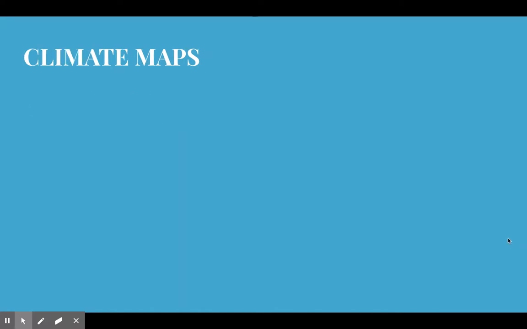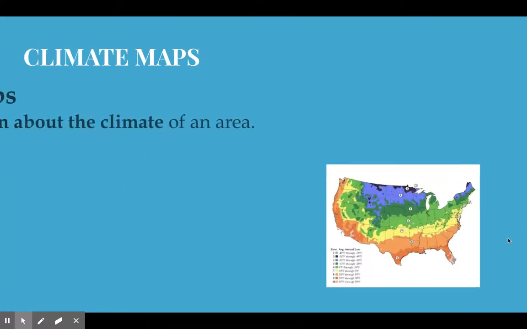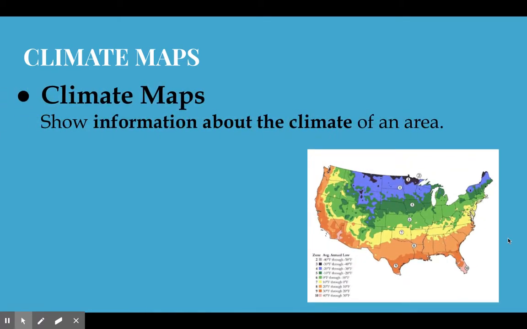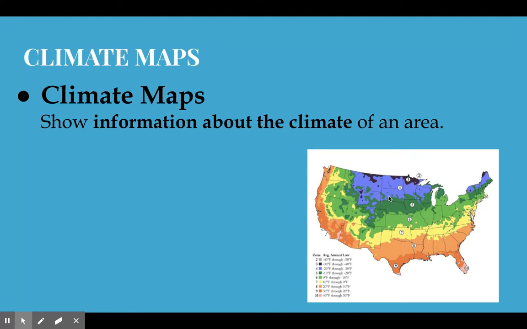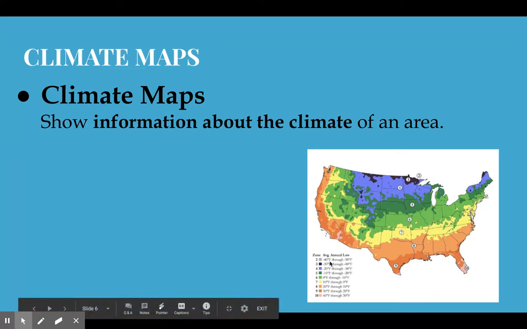All right, our next one, climate maps. Climate maps are pretty easy. I mean, they show information about the climate in a place. And this is a pretty typical climate map of the United States. And it's divided into zones and what the temperature is in each zone.